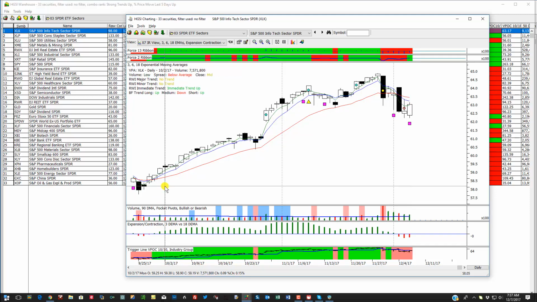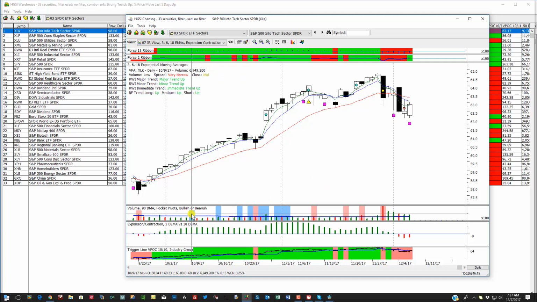If I put a crosshair on here by using my alternate C key, you can see it was bouncing around down here, and then it crossed over. As it crossed over, the 3 is moving away from the 18, and that tells me we're going from contraction to expansion, and it built, and then it kind of leveled off here, and then it moved up. So the more the 3 moves away from the 18, the greater the histogram is.